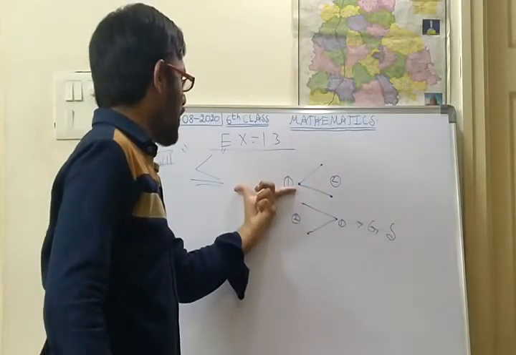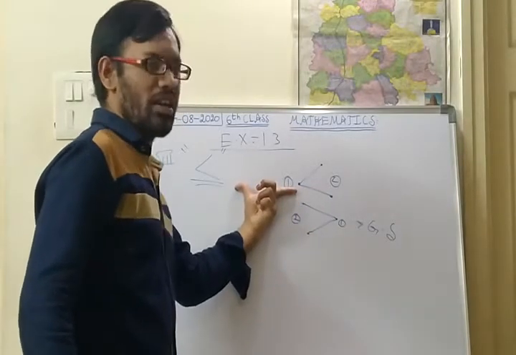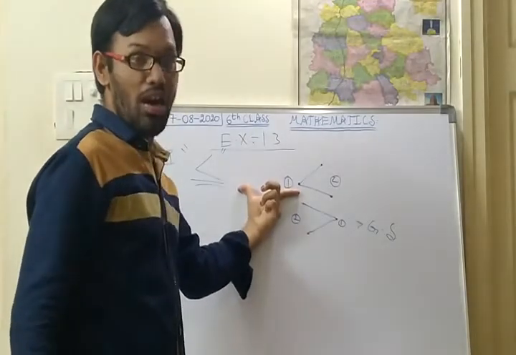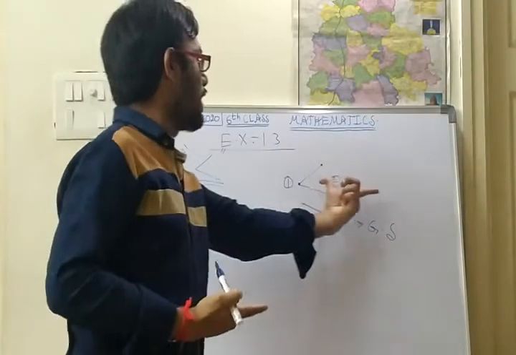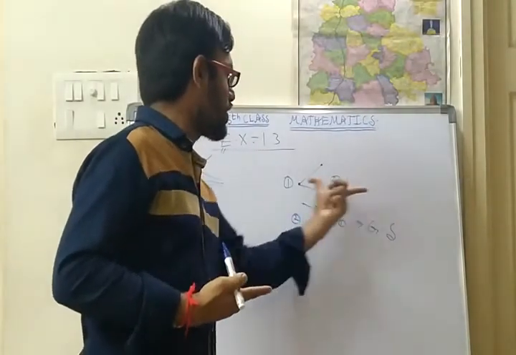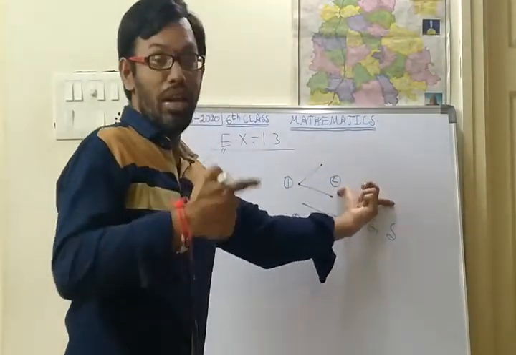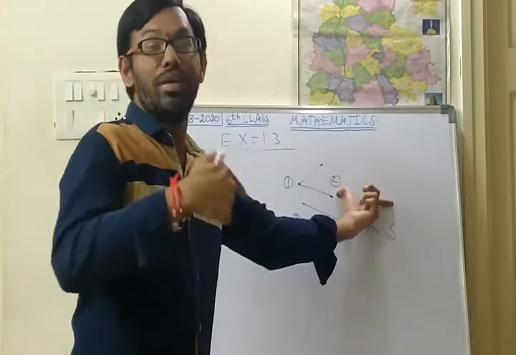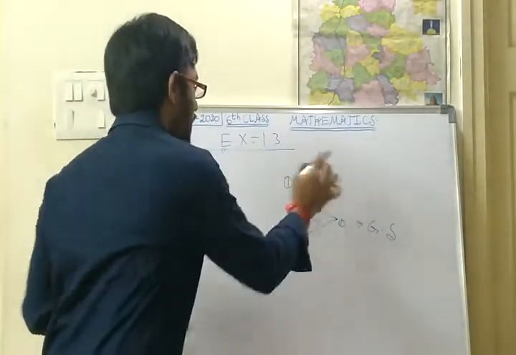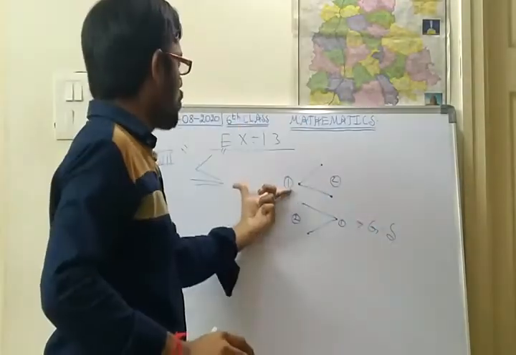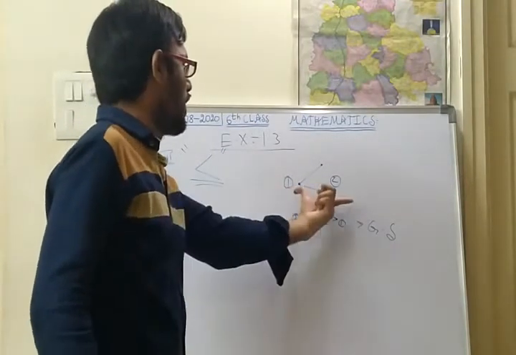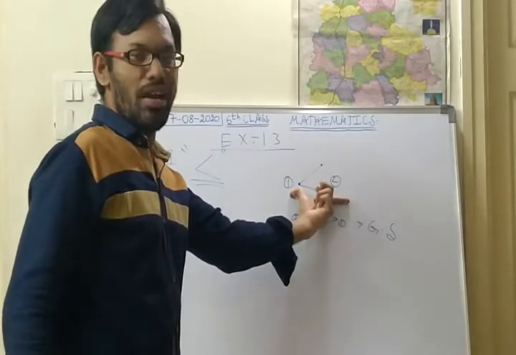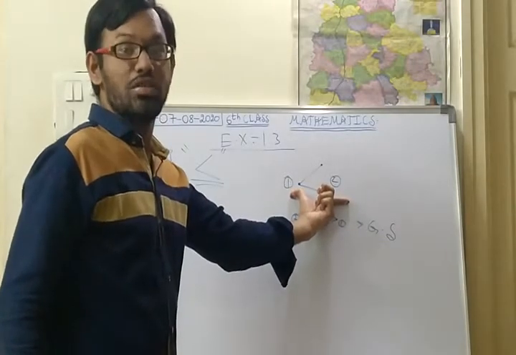So whatever number we write at the left side should be the smaller number, and the number at the right side of this symbol should be the greater, bigger number. Here the left side has the smaller number, so this symbol is the smaller than symbol.